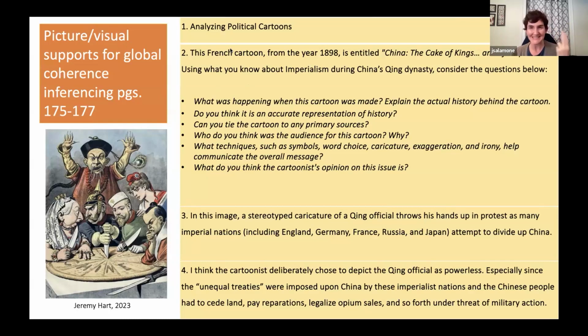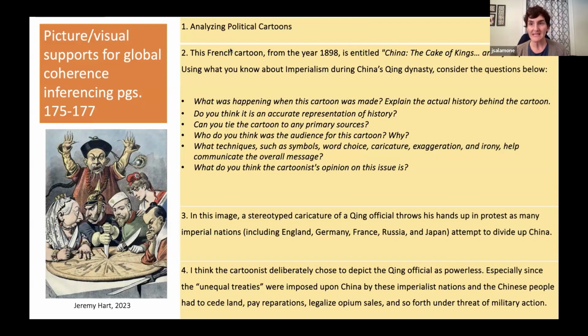Nancy and I have been talking a lot about this, but with history texts, we have multiple sources because we have to corroborate different accounts. Who's the audience? Then thinking about techniques like word choice, caricature, exaggeration, and how that communicates the message. And then thinking about the cartoonist, what was their stance on this issue?